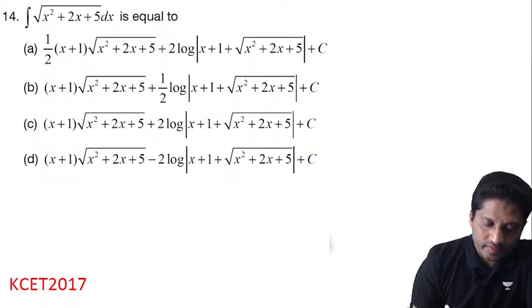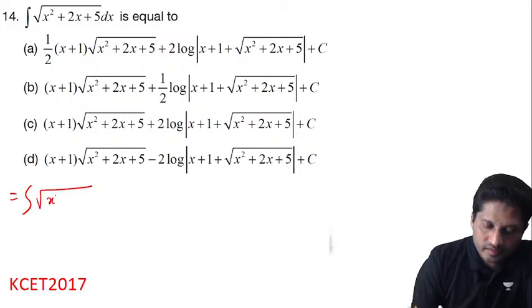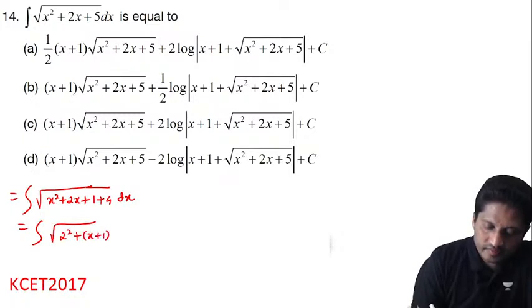Here we have to complete the squares. I can write this as the integral of root of x square plus 2x plus 5. 5 can be written as 1 plus 4. Now this is equal to the integral of root of 2 square plus x plus 1 the whole square.